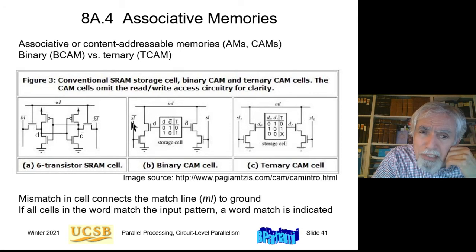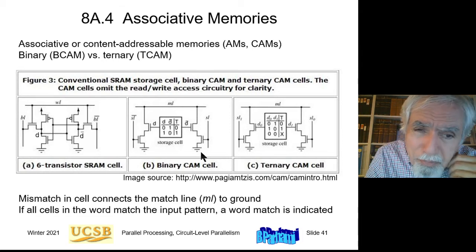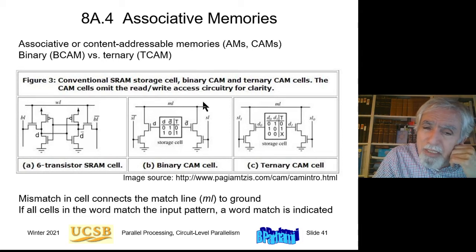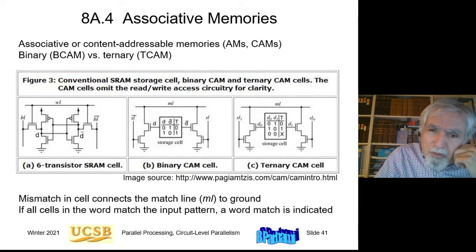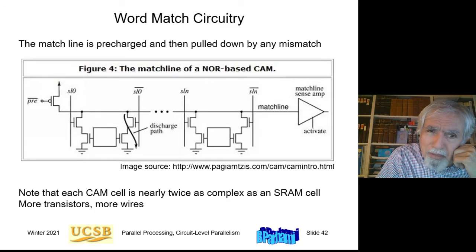So if I'm searching for 0 and the cell is 1, or I'm searching for 1 and the cell contains 0, in other words this bit is 1, then this discharge takes place and a mismatch is indicated. Okay, so before describing the diagram to the right, let me go to the next slide.